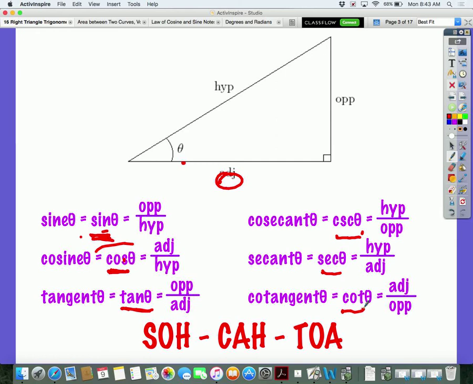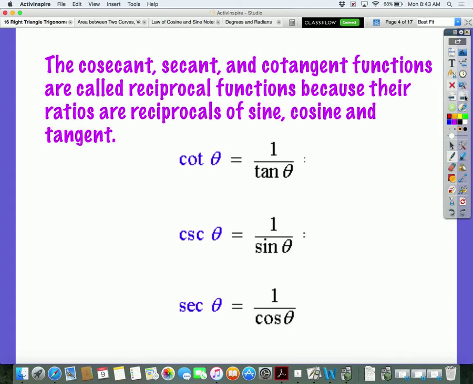Okay? Did everybody get that down? All right. So let's practice with it a little bit. Or actually, there's 2 more things I want to go over, and then we'll practice it. Like I mentioned before, cosecant, secant, and cotangent are reciprocal functions because their ratios are the reciprocals of sine, cosine, and tangent. So this is another way that you can represent those 3 trig functions.